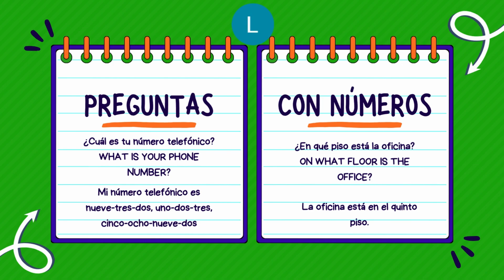And if you want to ask someone, on what floor is the office? ¿En qué piso está la oficina? You can answer with, la oficina está en el quinto piso. That means the 5th floor.